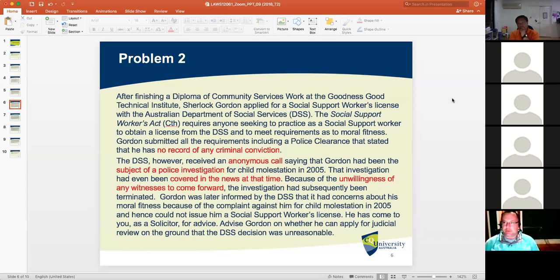Let me put it this way then. Police will only investigate a matter if there's a complaint. And usually with child molestation, the complaint comes from a child. And it would appear that because the police haven't been able to prove the child's been molested beyond a reasonable doubt, which is their onus, they can't proceed.